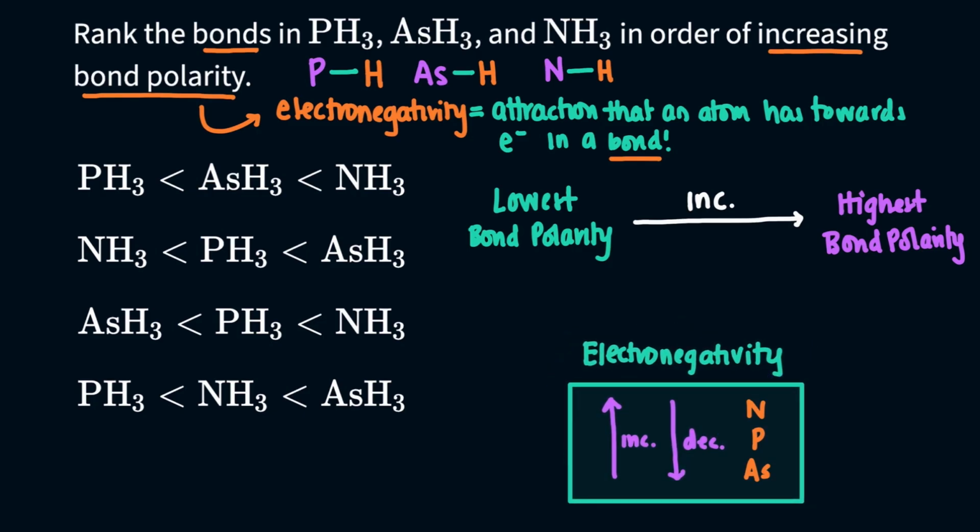Okay. So, as far as the three of these, it seems like the nitrogen would have the highest electronegativity out of all of these. Nitrogen is not the highest electronegative element, but out of these three, it's got the highest value. We'll just say that. And then on the flip side, arsenic would have the lowest electronegativity.